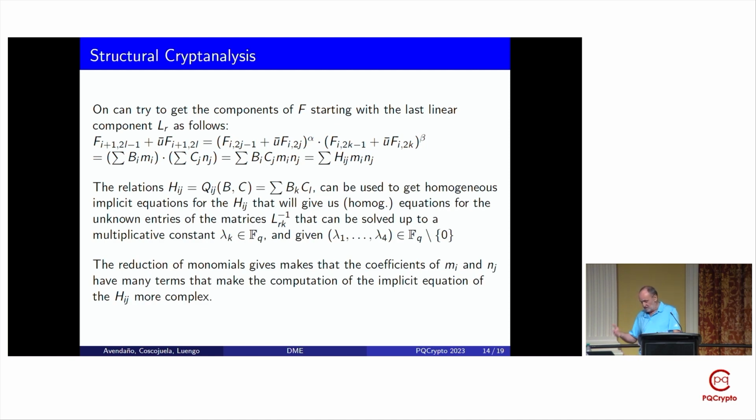Okay, and even if we get this implicit equation, they will be homogeneous, and that means that any solution will be up to a constant, and then you have to choose between 4 constants that give you reasonable security parameters.